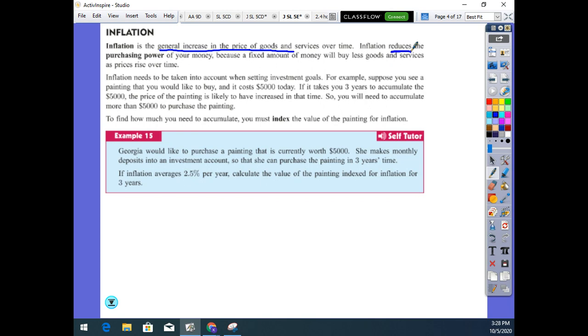we want to purchase a painting that is currently worth $5,000. All right, so that's our present amount. So we're going to actually look for our indexed amount. So we call it indexed value, how much it's actually going to be worth later.